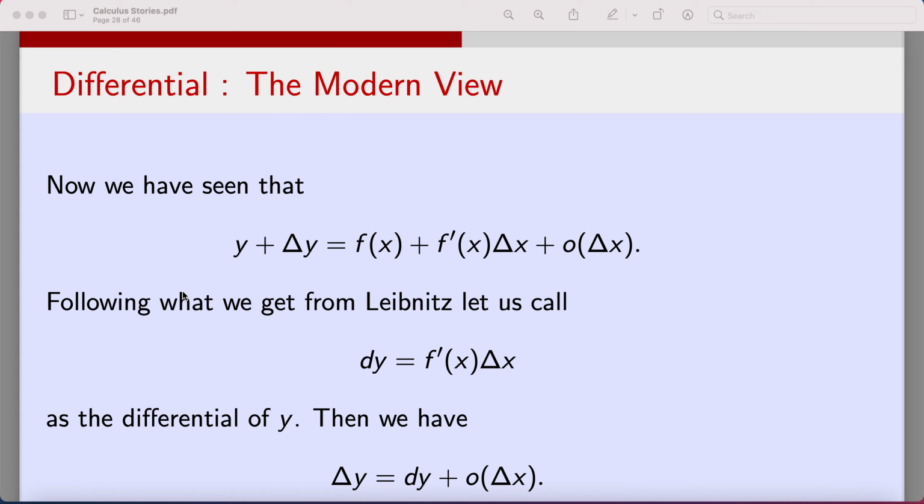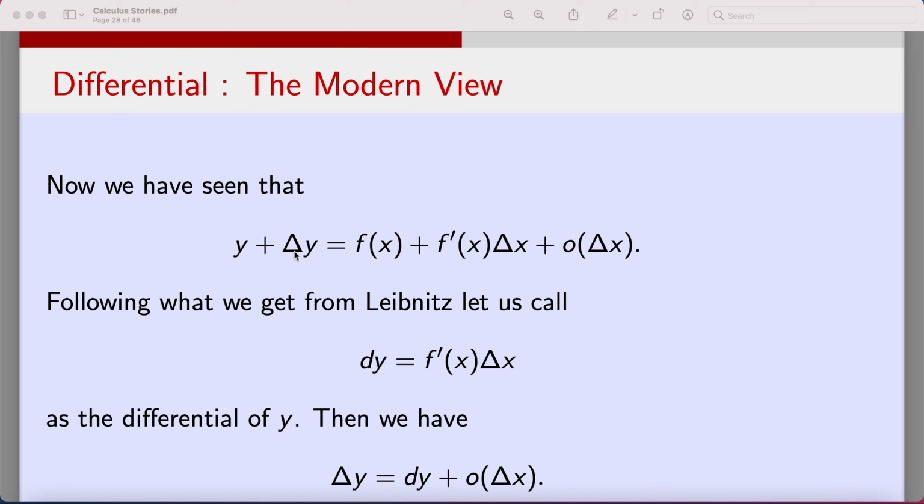Now, going by what Leibniz told us, dy, the differential of y, is nothing but f dash x into the differential of x, which we call delta x. Leibniz wrote delta x as dx. But can he really do that? Let us, from our modern definition, define the differential of y, not the delta y.